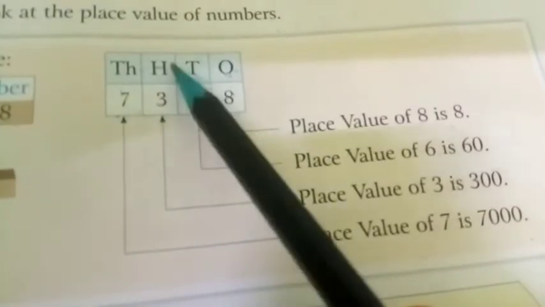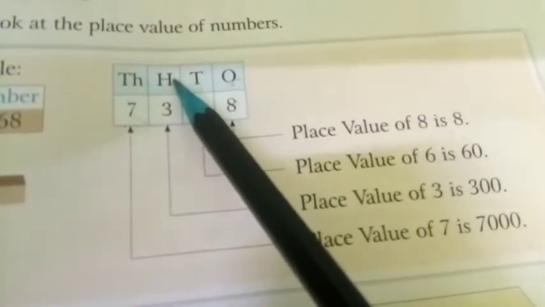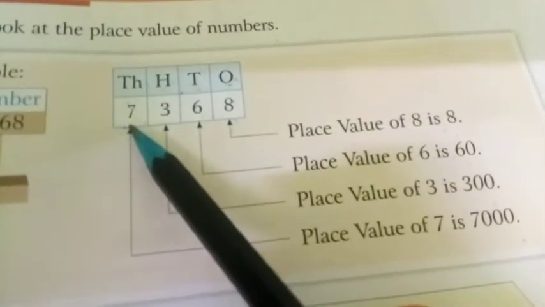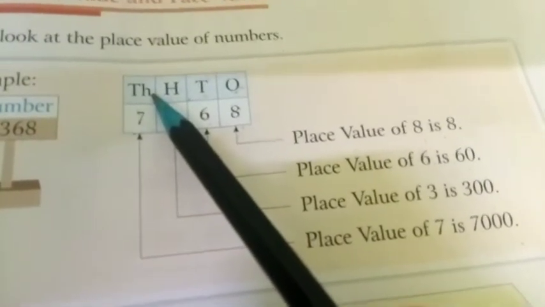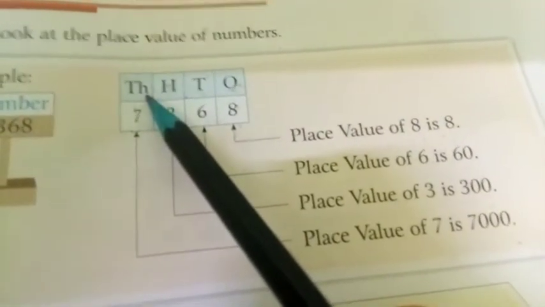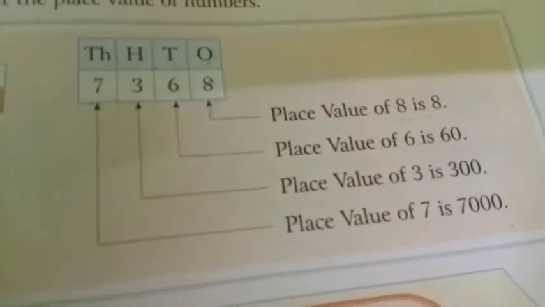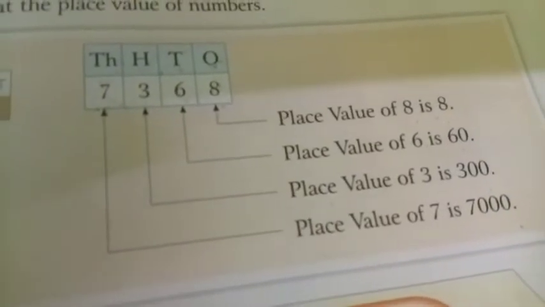Place value of 3 will be 300 because it's on hundreds place. Now place value of 7 will be 7000 because it's on thousands place. So like this the place value is there.